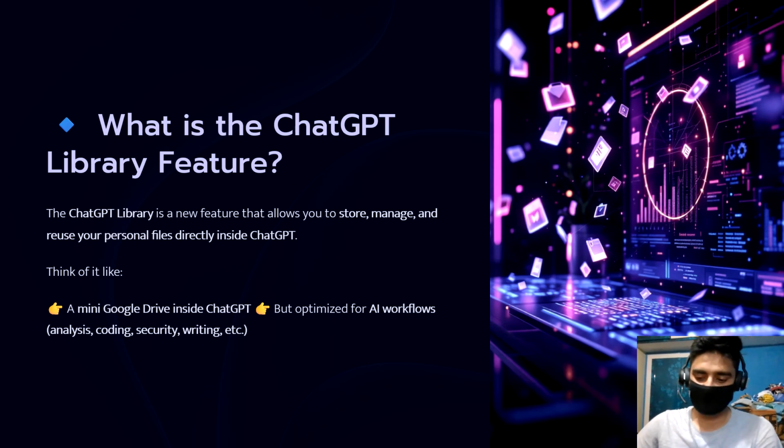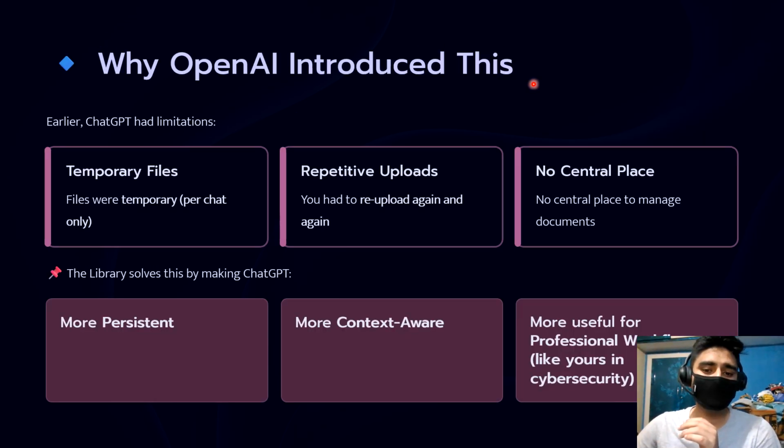Then, why did OpenAI introduce this? What is the reason behind introducing this feature within ChatGPT? Earlier ChatGPT had limitations, right? We all know that. It had temporary files, repetitive uploads, and no central place where you can work.